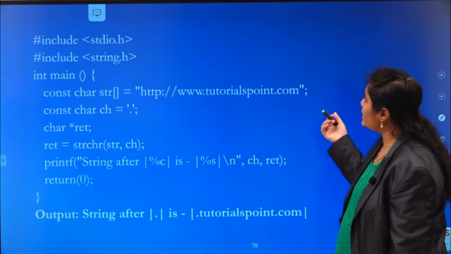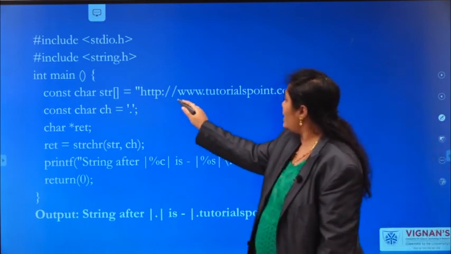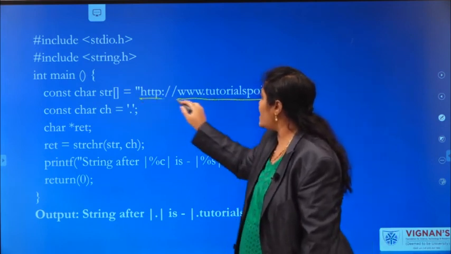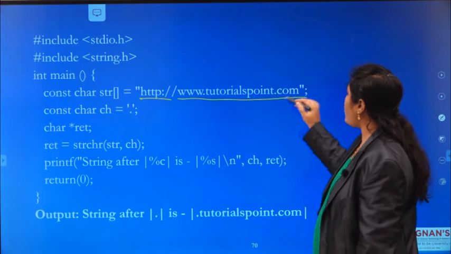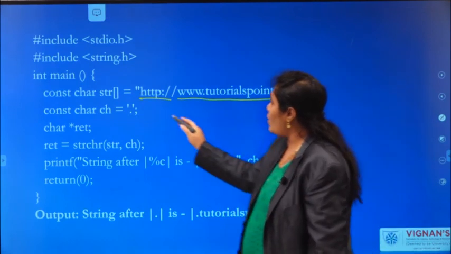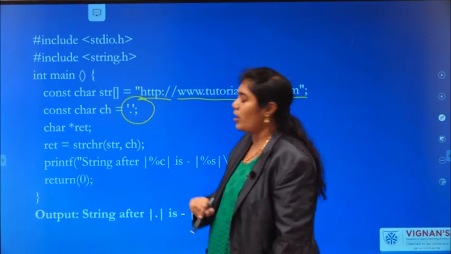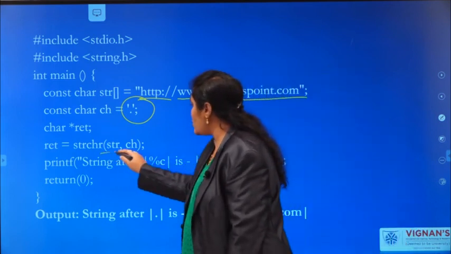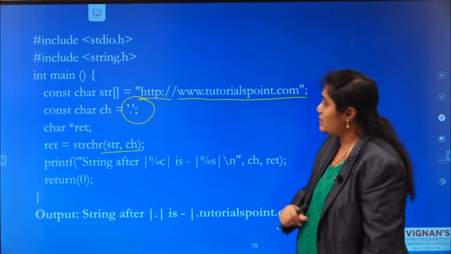Okay, let us discuss with an example. Here we have some information, http://www.tutorialspoint.com. Now I am going to search with dot. strchr of str comma ch.